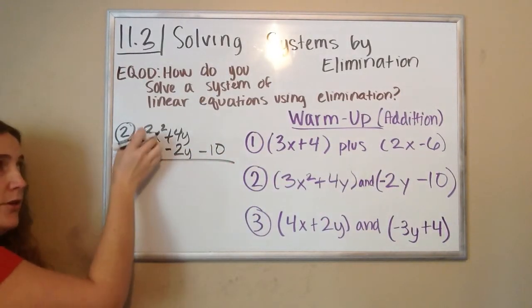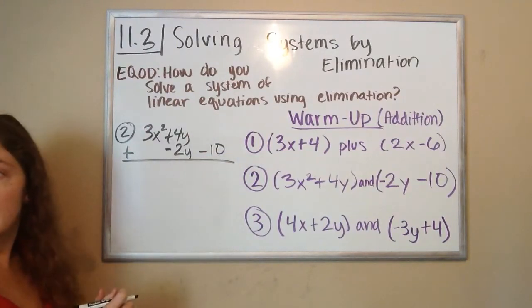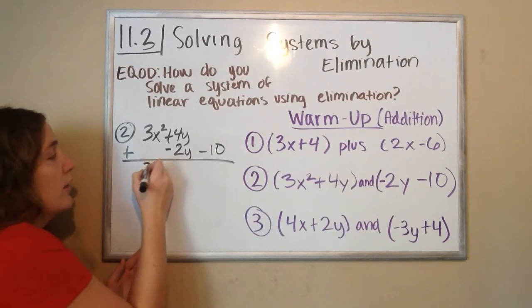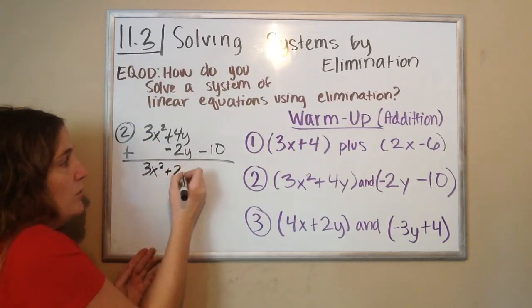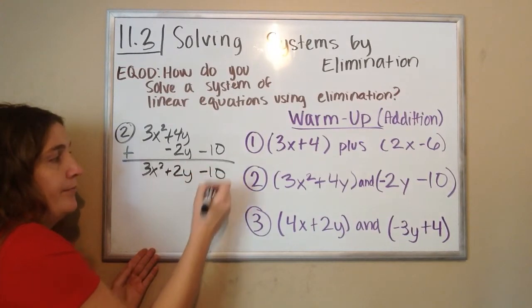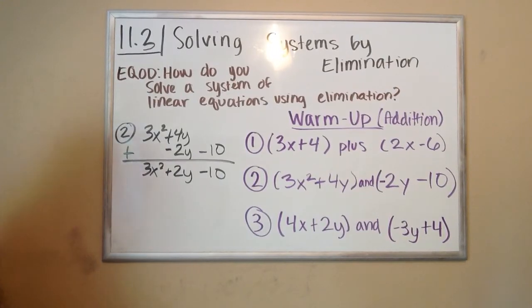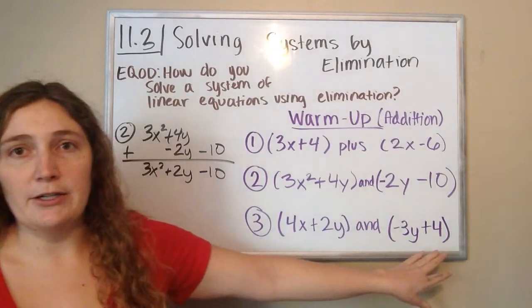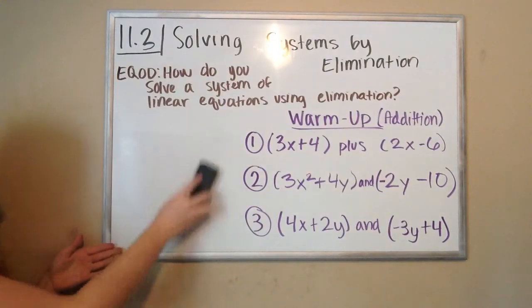There's nothing to line up with the x squareds, there are no like terms, and there's nothing to line up with the numbers. So here we get 3x squared, just bring it right down, plus 2y minus 10. That would be our result here. Just to check to make sure you can add expressions together, go ahead and add these two expressions together right there. And do that on the left-hand side, please.